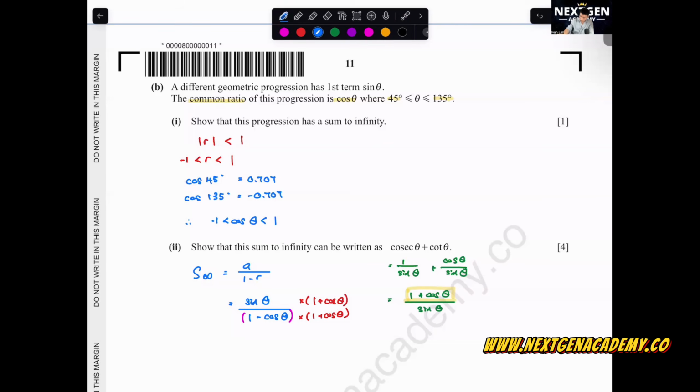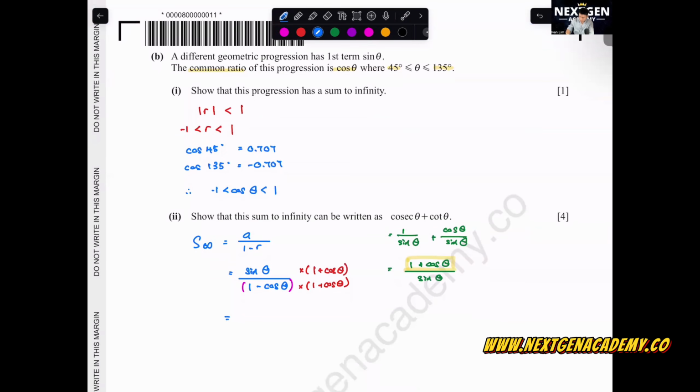Okay, so on top right now, it will become sine theta times 1 plus cos theta. At the bottom, it becomes a square minus b square. So 1 minus cos square theta. Wait, this one good or not? You see, I want to get rid of the sine theta. Cos square theta is good because one of the trigo identities is sine square plus cos square equals 1. So sine square theta equals 1 minus cos square theta.